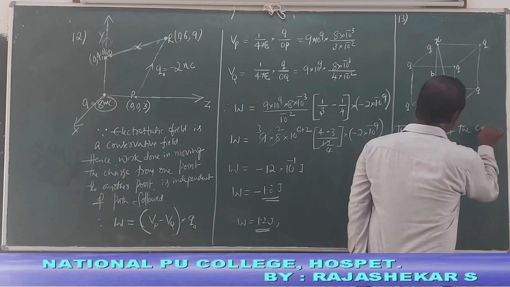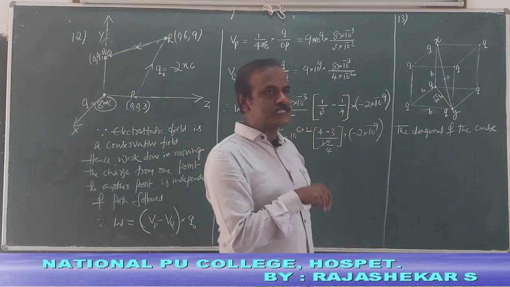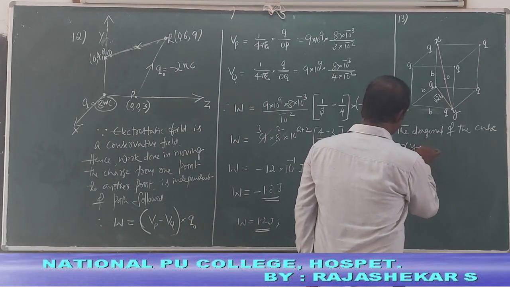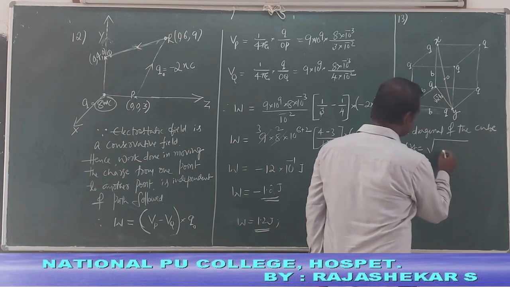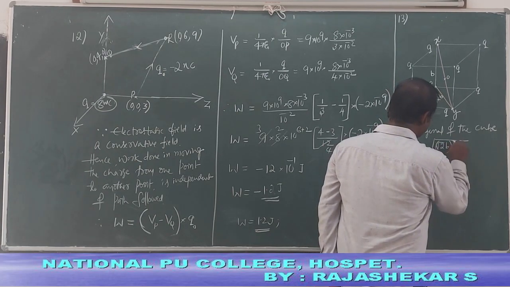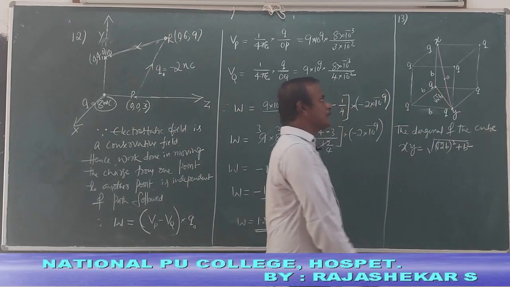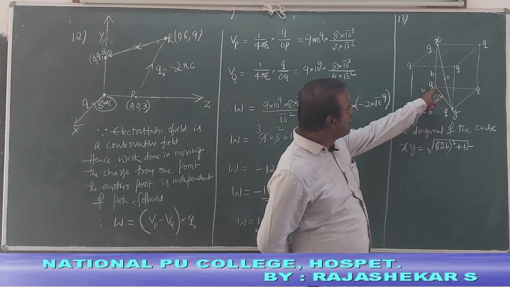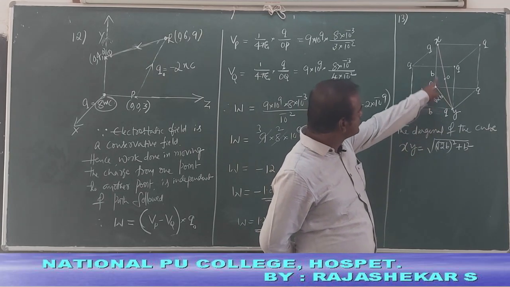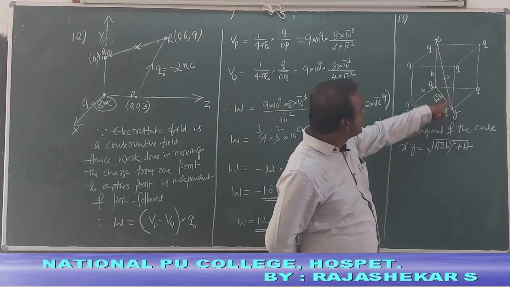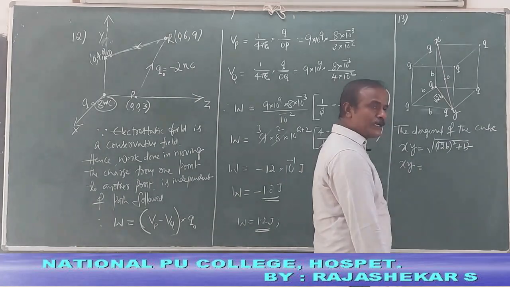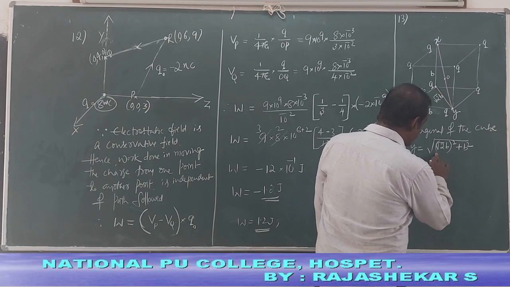The diagonal of the cube, the half of which gives you the distance to the center from every corner, hence XY is equal to square root of root 2b whole square plus b square. Observe the diagram carefully. This yellow line gives you the diagonal of one of the faces of the cube, and this pink line shows you the diagonal of the cube. So XY is the diagonal of the cube, which is square root of 2b square plus b square, which will be root 3b, students.